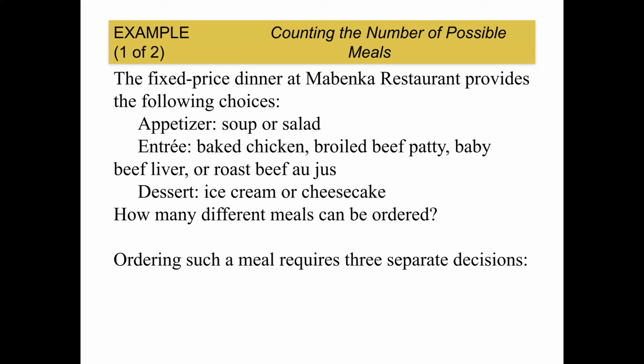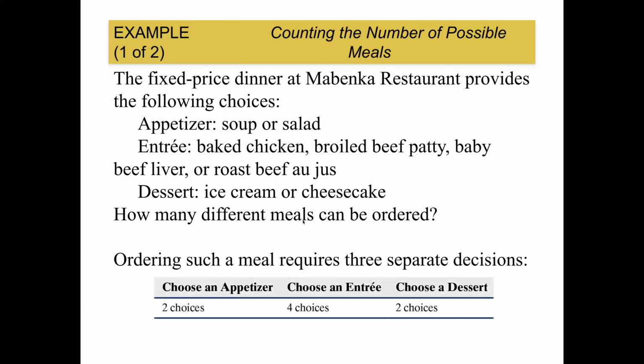And then you have two choices for dessert. So you can imagine how this might look if you were going to get a list of all possible choices. The question was, how many different meals can be ordered? Choice of two, choice of four, choice of two. So you can see two, four, two are the order of choices.